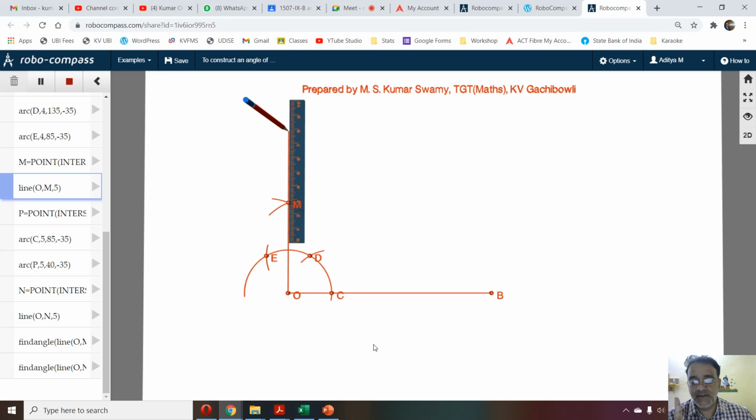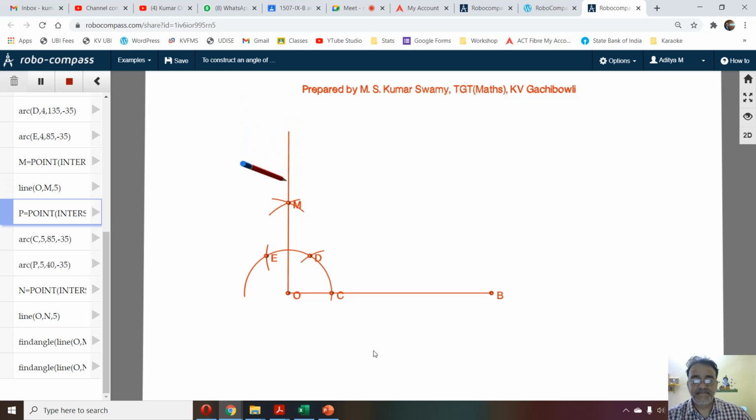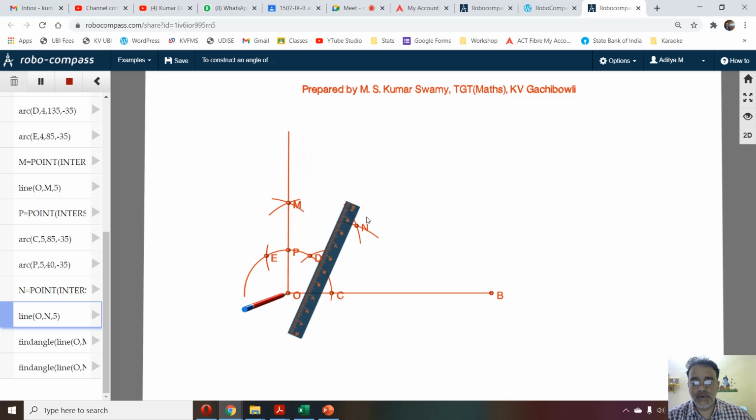Now we will draw the bisector of 90 degrees. This point is P. Now with centers C and P we are going to draw two arcs on the same side, such that the radius is more than half of PC, and both the arcs will intersect at point N. Now we will draw a line through ON.